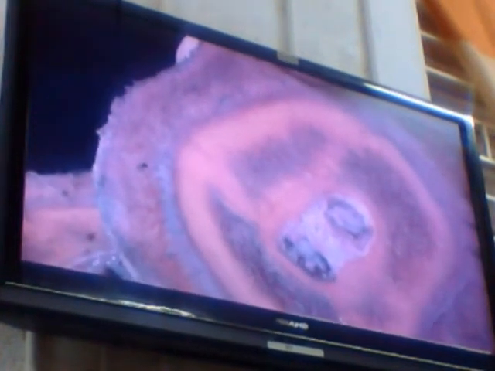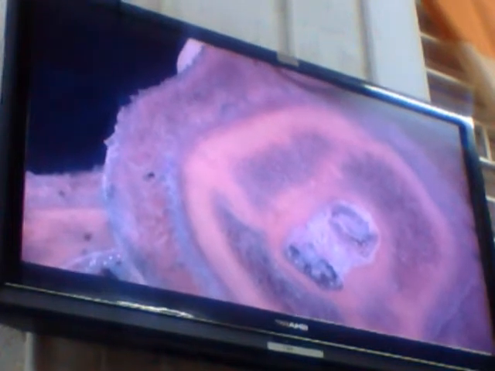Tell me one implication of this in terms of someone who gets hit on the head? One clinical significance of this loose connective tissue layer? Sorry?